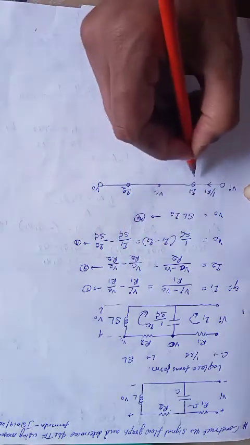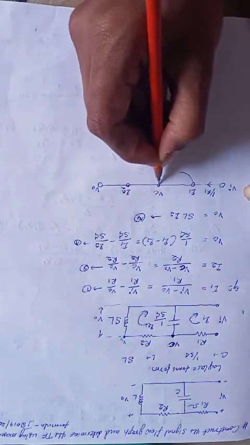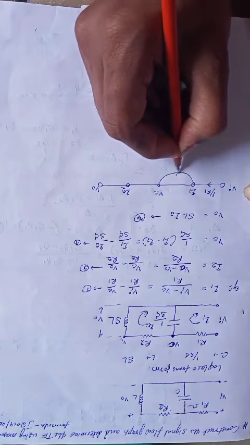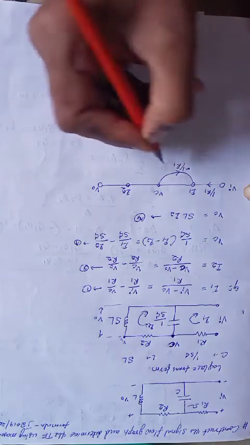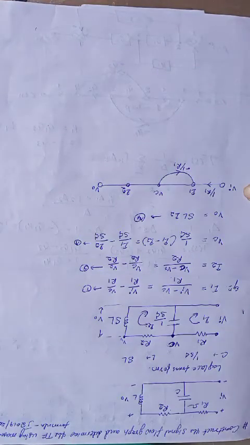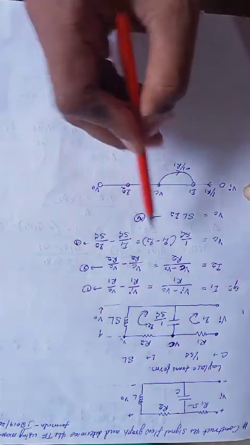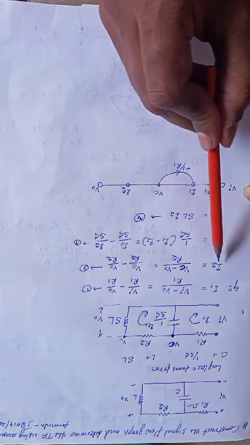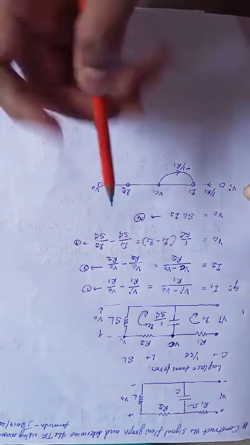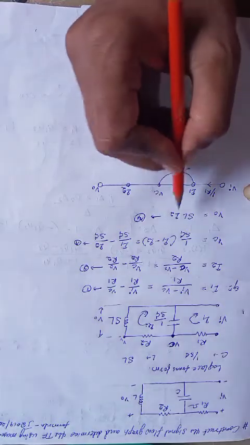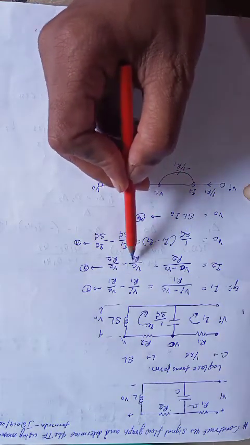Vc is this, it means the loop is like this, and this is minus 1 upon R1. Similarly, in the second equation, for I2, one signal is coming Vc upon R2, that is from Vc.